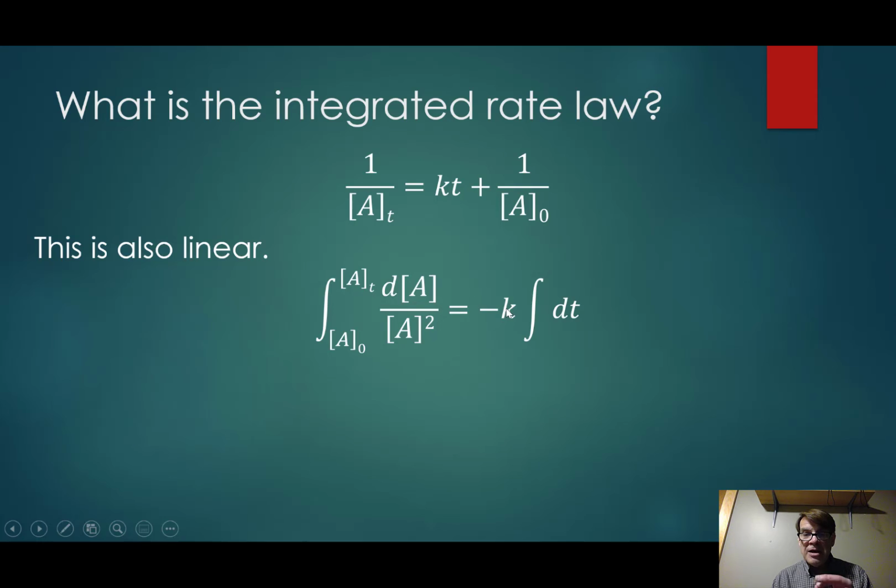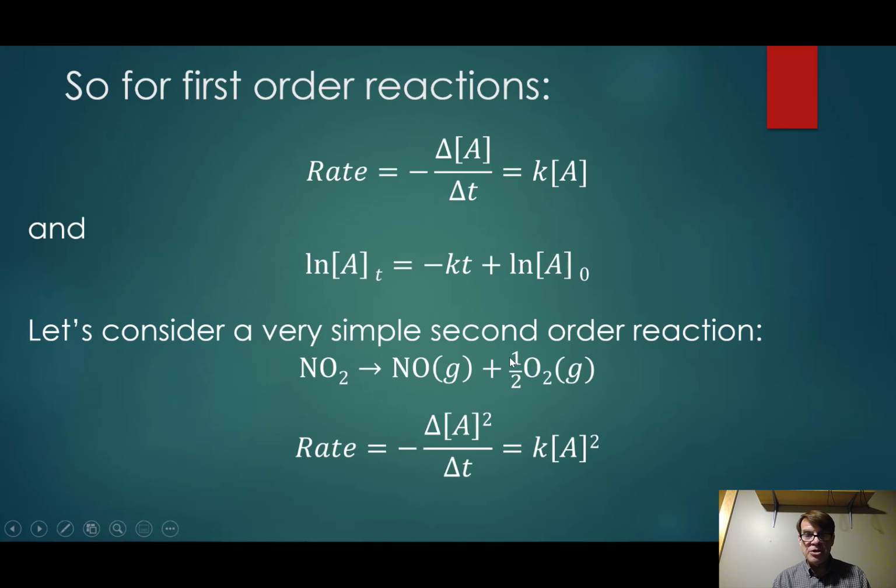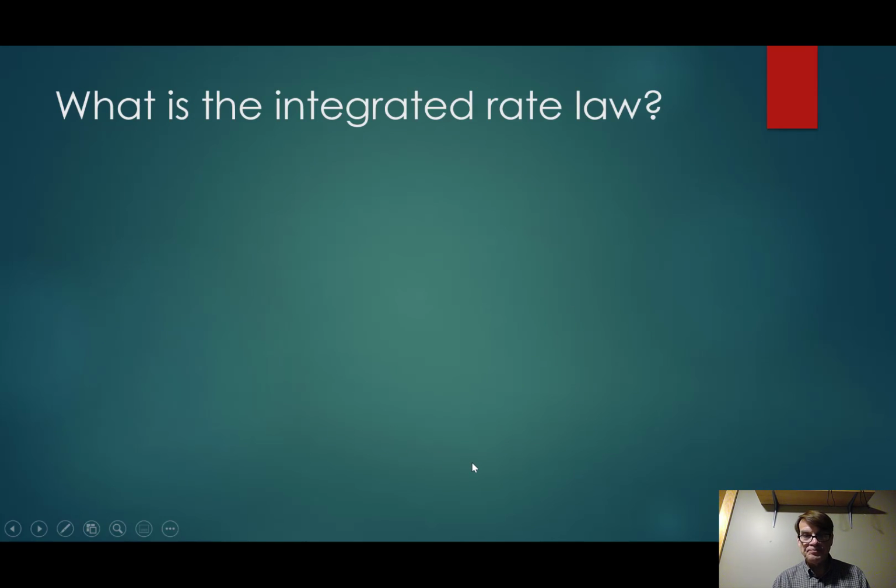I had k[A]^2 on this side, right? So I divide both sides, and I get the concentration squared down here. I had a negative up here, bring it to the other side, and then I had a dt in the bottom, bring it up here. And so this is simply a rearranged version of this down here.